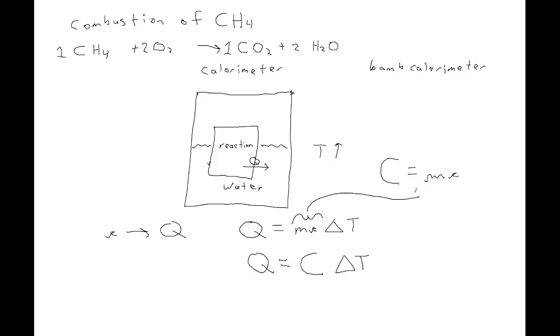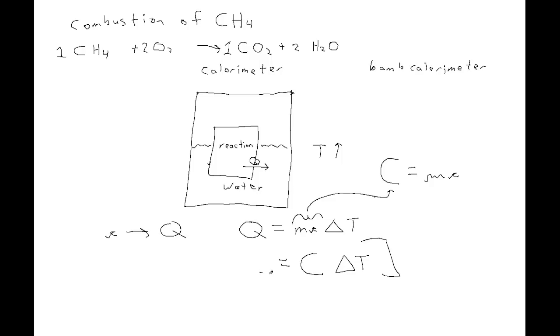Okay, now you got it. That's right. That's correct. Heat capacity and specific heat capacity are closely related, so these equations are closely related. So now in this calorimetry section, we're mainly going to be using this equation because the problems are usually going to give us the heat capacity, not the specific heat.